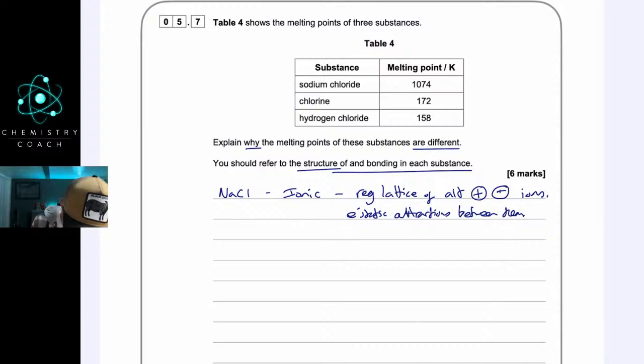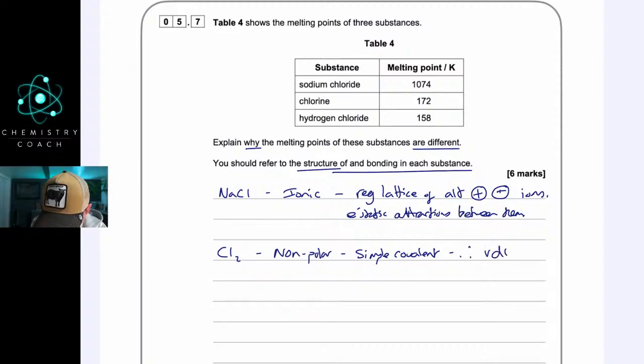Then you've got chlorine. This is a non-polar molecule. It has to be non-polar because both elements are the same. You're not going to get a polar bond, and there's no difference in electronegativity. It is simple covalent or molecular covalent, whatever you want to call it. So therefore, it's only got weak van der Waals forces or induced dipole forces between the molecules.